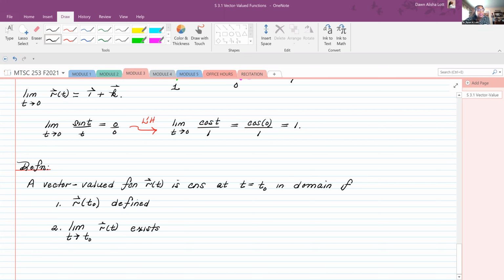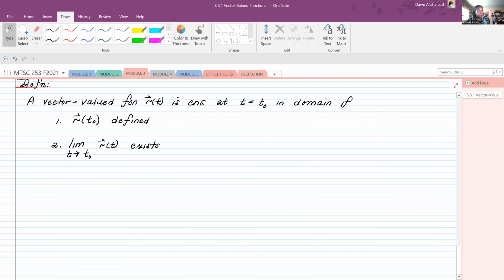And number 3, they're equal. The limit as t approaches t naught of r of t is actually equal to r of t naught. So all 3 things must happen.